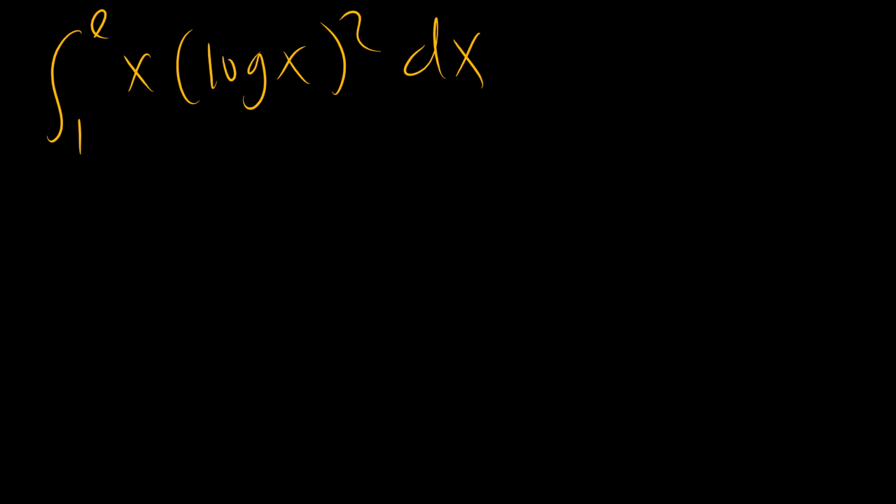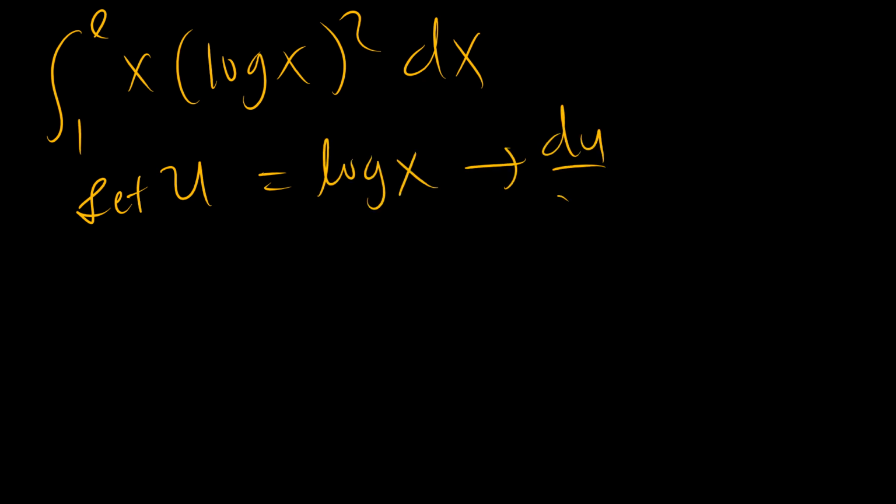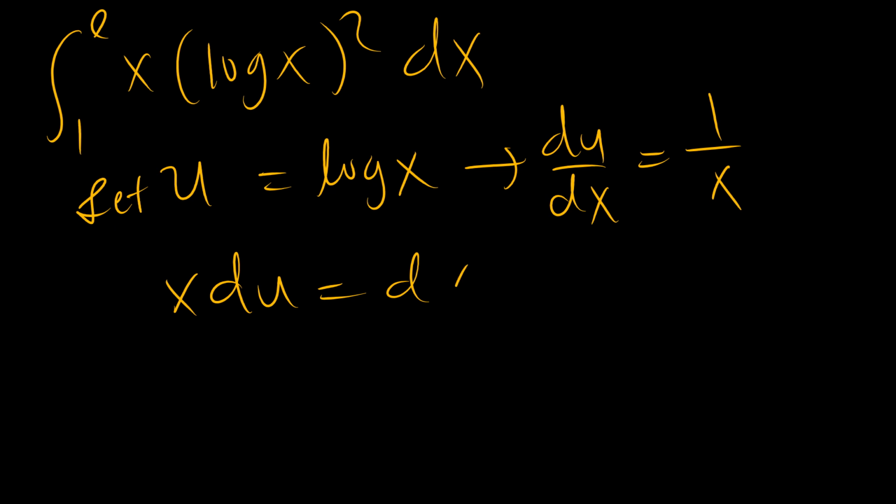I think the easiest thing is to let u be equal to natural logarithm of x such that du dx equals 1 over x, and that means that x du is dx, and from here e to the power u is equal to x.